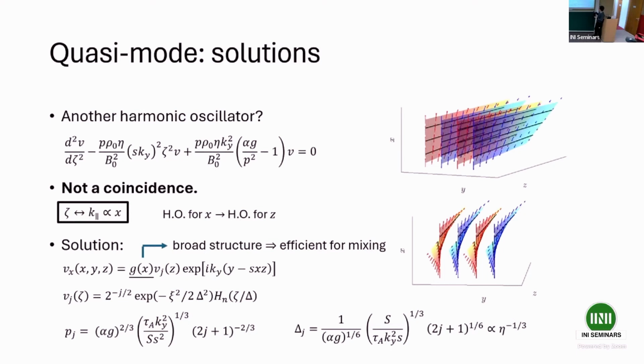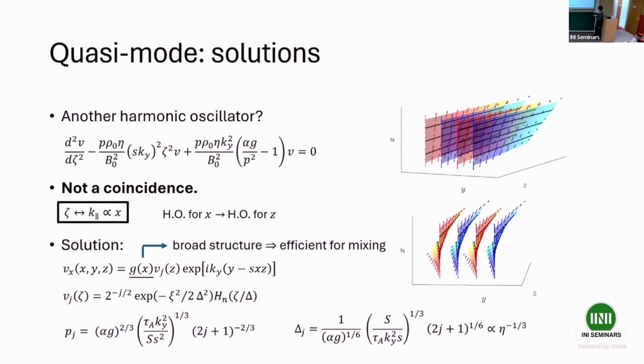And this is the picture for the mode structure of the quasi-mode. These are magnetic field lines, and the arrows mark the local velocity field. The blue and red colors denote the rising and falling motion of the plasma, and the color also denotes the magnitude of the mode.